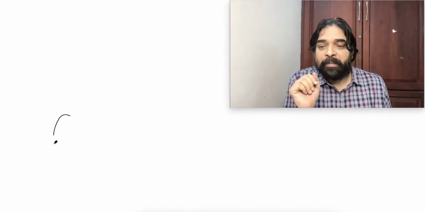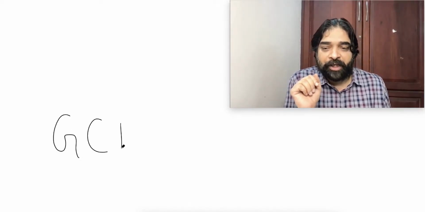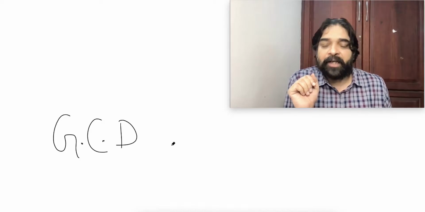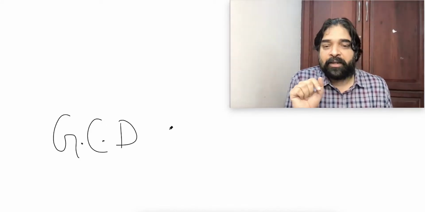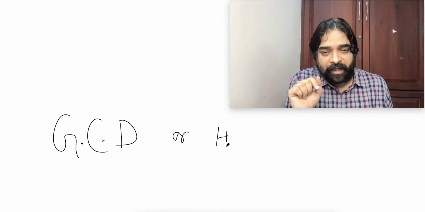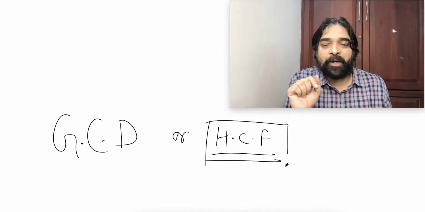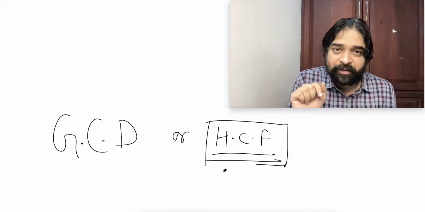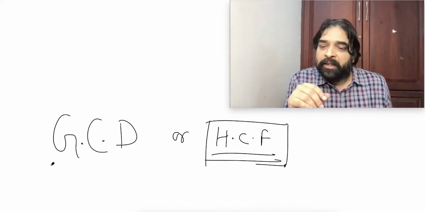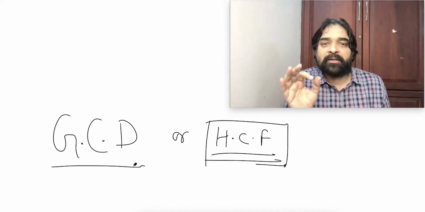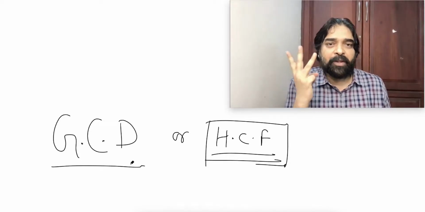Now, the next segment which we are going to learn is the GCD, greatest common divisor, or you can call it HCF, highest common factor. Generally, this is the more popular name among 9th and 10th class students. Same thing. GCD is the heart. See, there are 3 things in the whole of number theory.